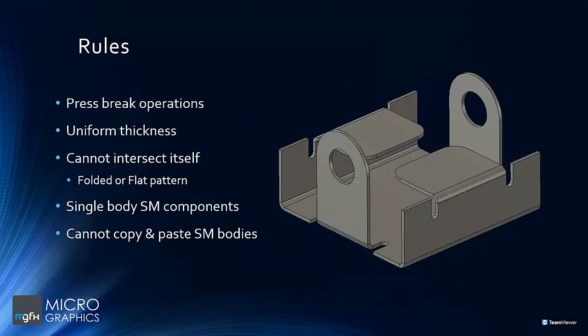So the first set of rules has mainly to do with the geometry of the components being designed within Fusion 360. We'll see that Fusion 360 caters mostly for press break or contouring type operations, generally resulting in straight bends, as we see in the part on the right-hand side, or contoured lengths like corrugated roof sheeting or aluminium gutters.